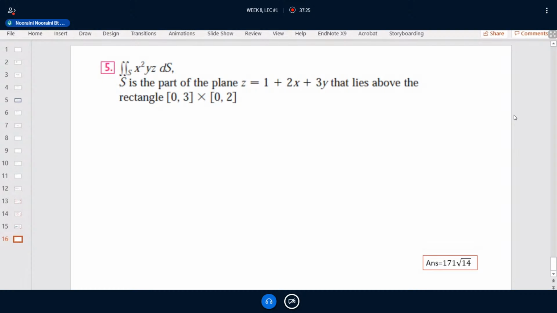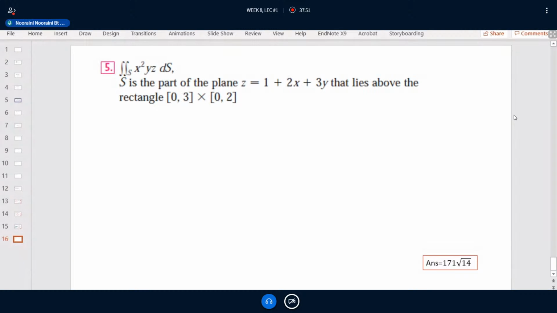For the surface integral, make sure your parameterization is in two variables, and we don't learn that part. It lies above the rectangle. So for this rectangle, you can try and check whether this question you can use split or cannot. The answer is 175 square root 14.